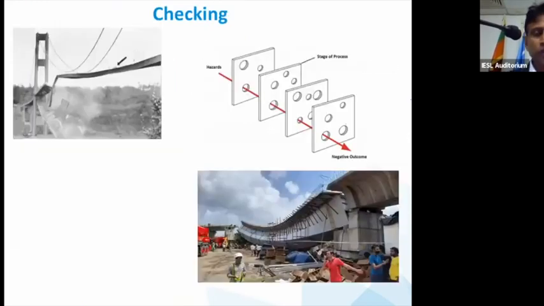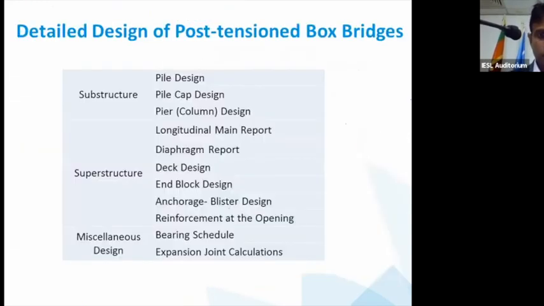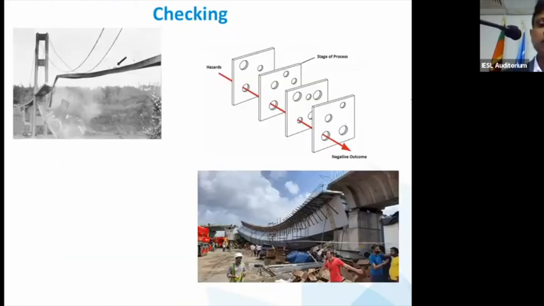Now, why I want to emphasize this: the picture above is a suspension bridge in the USA in 1940. It's the Tacoma bridge, a famous bridge collapse. It was actually due to resonance. And the picture below right is one in India.